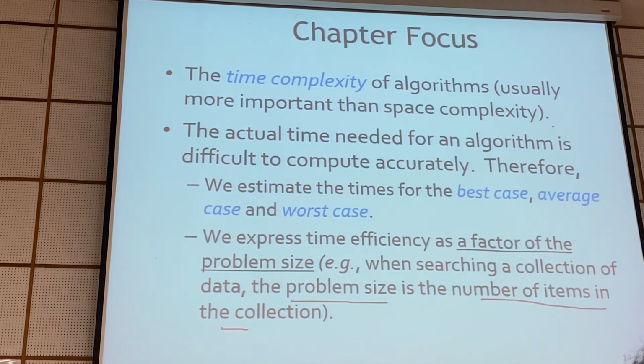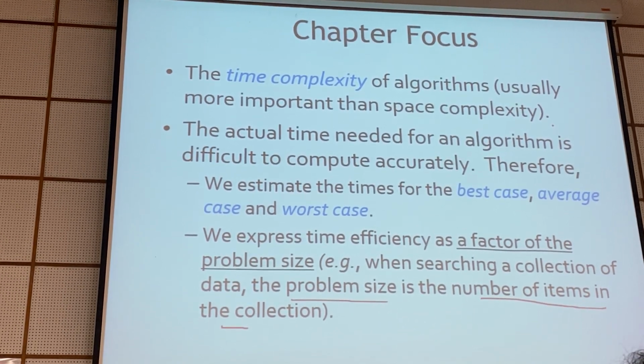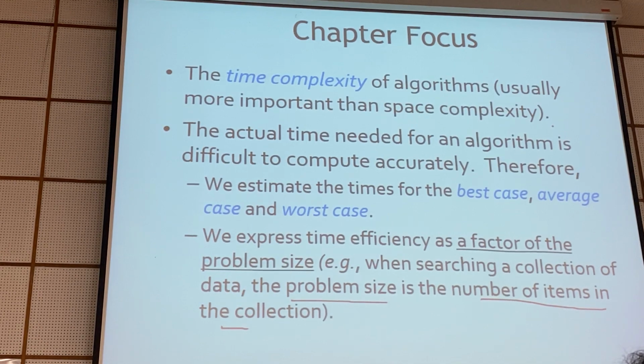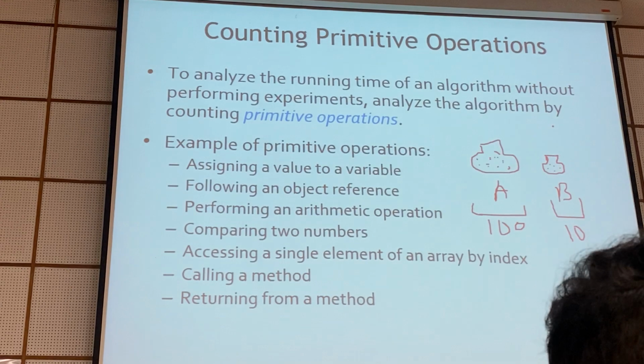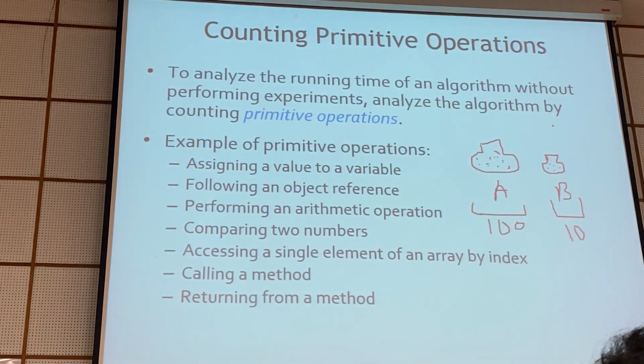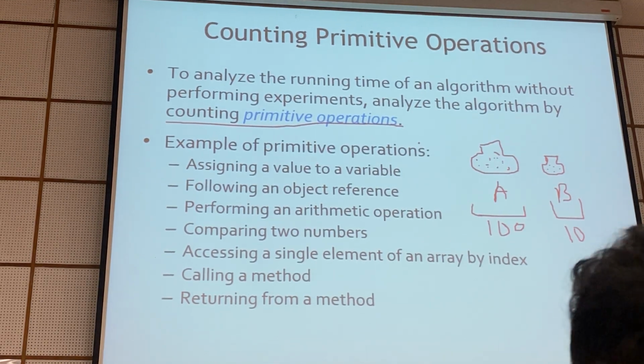If you want to find out what is the best case, average case, and worst case, we are using time efficiency. Now, how are you going to calculate that? In order to analyze the running time without performing the experiment, we analyze the algorithm by counting primitive operations.